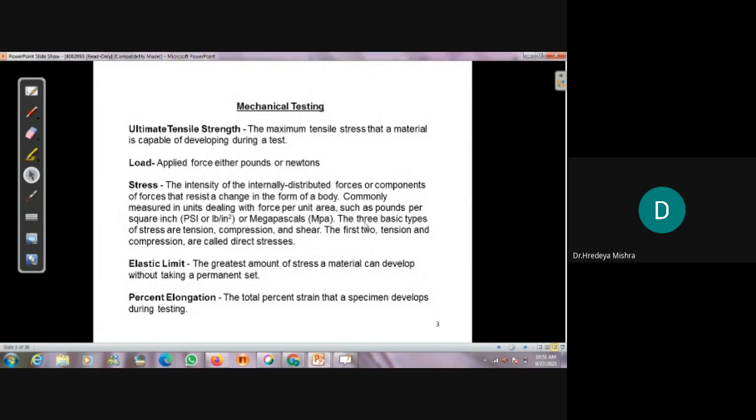So that is the elongation value at different loading conditions. So we take different loading on a particular testing setup, and we get the total percentage elongation value.